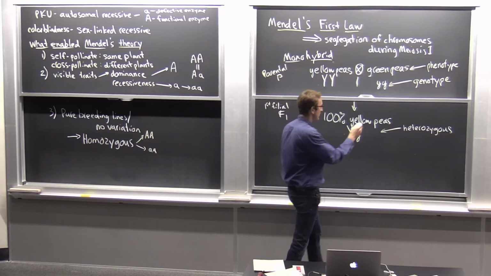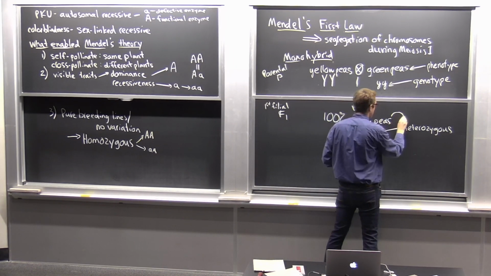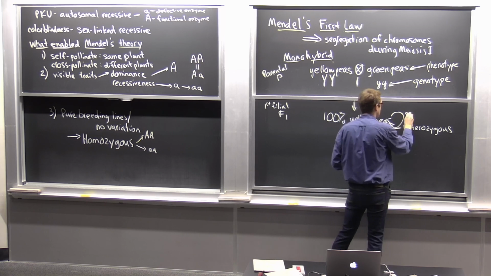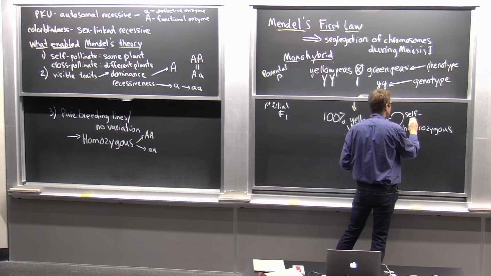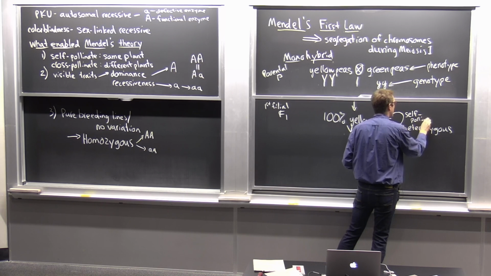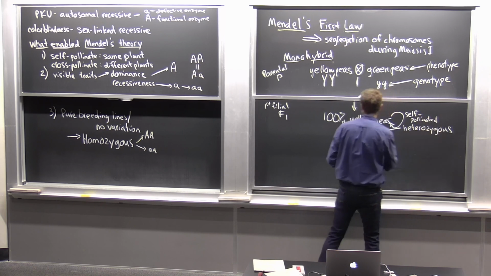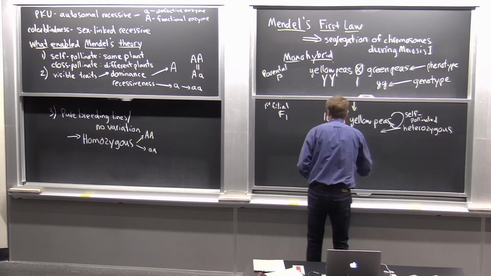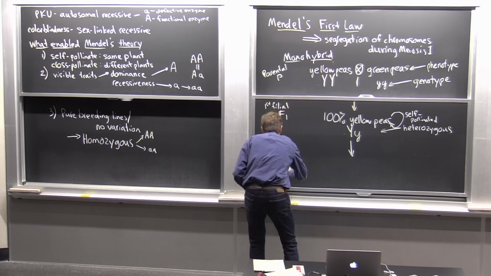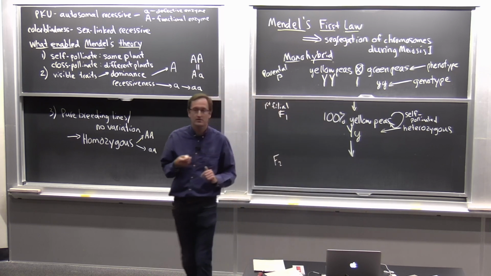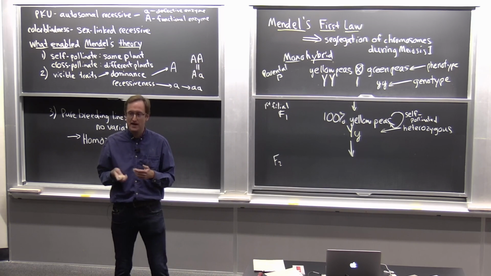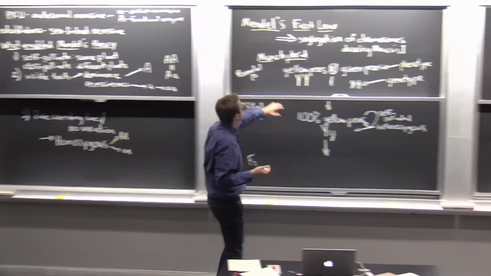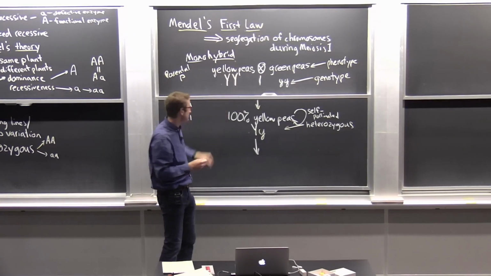Okay? So then what Mendel did is he didn't stop there. He self-crossed or self-pollinated these F1 plants and looked at the resulting seeds. And so in the F2 generation, what he found is that he got back both the parental phenotypes.